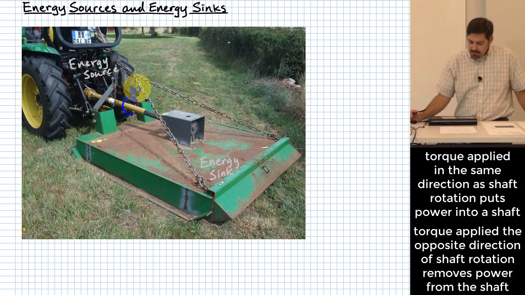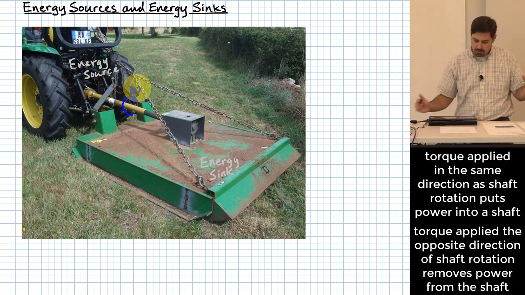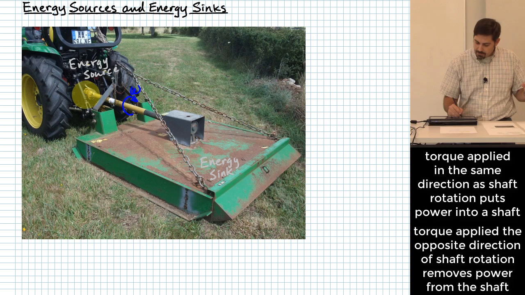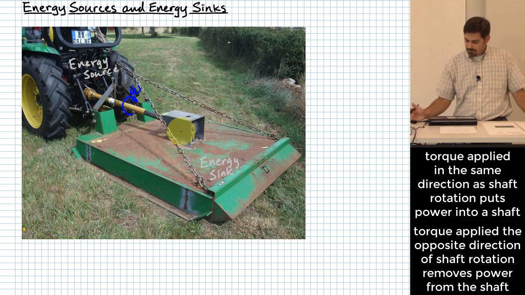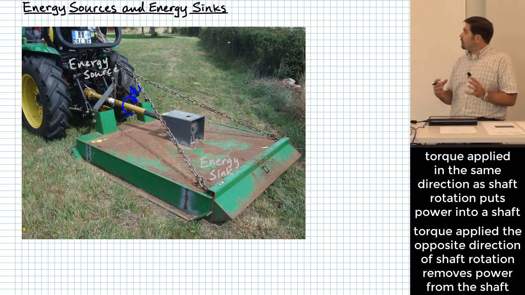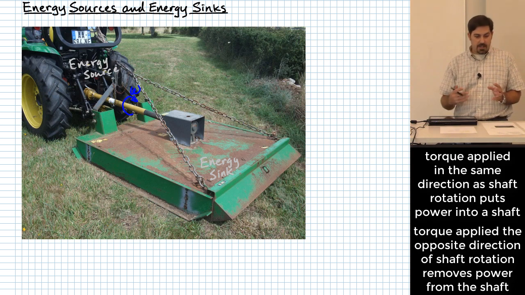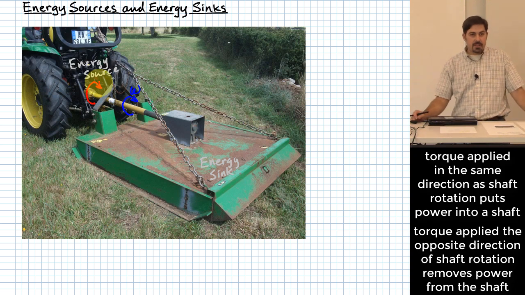Which direction do you think the tractor is putting torque on this shaft that goes from the tractor to that bush hog? If you're delivering energy to the shaft, it means that the torque you're putting on the shaft is in the same direction as the speed of the shaft, the direction that it's turning.